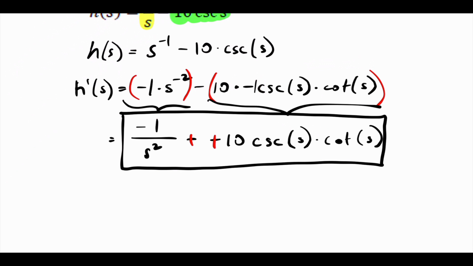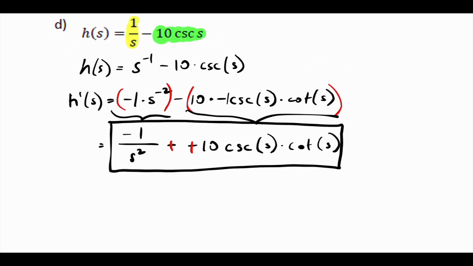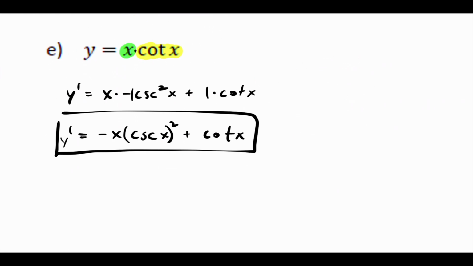Okay, last one. I want you to do the last one. Try the last one on your own. Then we'll be done. So you're multiplying x times cotangent of x.